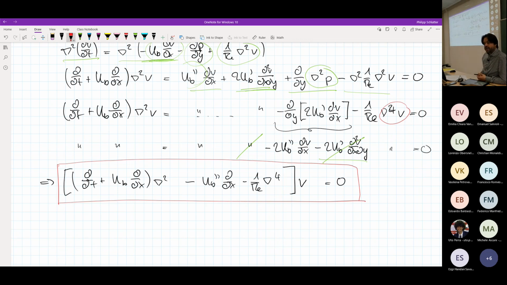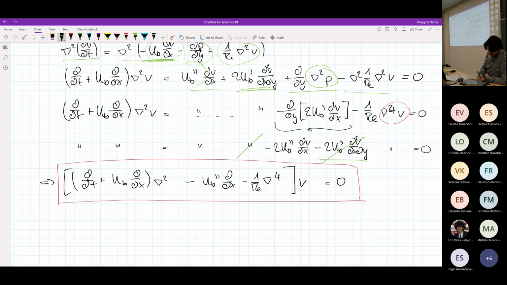So there is no pressure anymore. The divergence has been eliminated, and it's just one scalar equation for v. And with this equation, I can calculate how the disturbance should evolve.